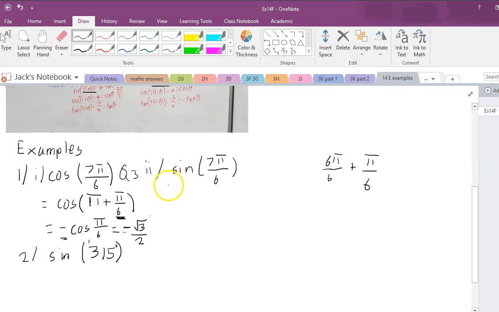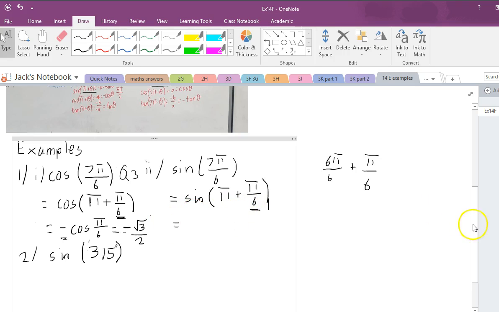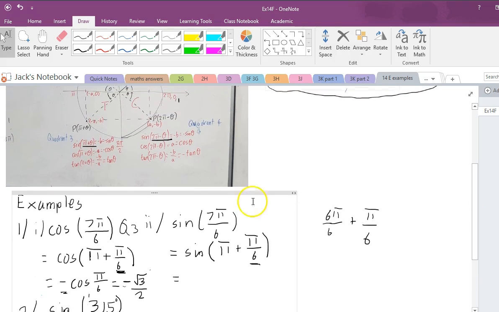So sine of 7 pi on 6, you should be comfortable with the first step. We need to get it so we can identify the reference angle. So that's in the third quadrant as well, because it's the same angle. And you will get comfortable identifying which quadrant it is with practice, guys. So that's sine of pi plus pi on 6, which is equal to, reference angle is pi on 6, sine in quadrant 3, because it's got pi plus theta, sine is also negative.